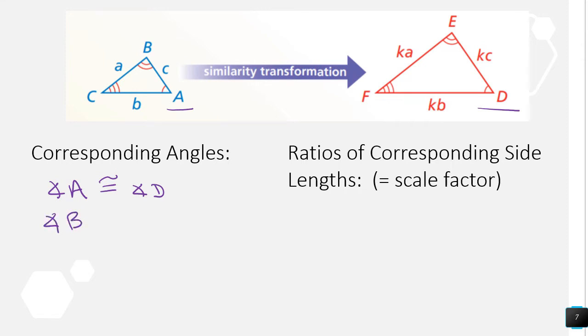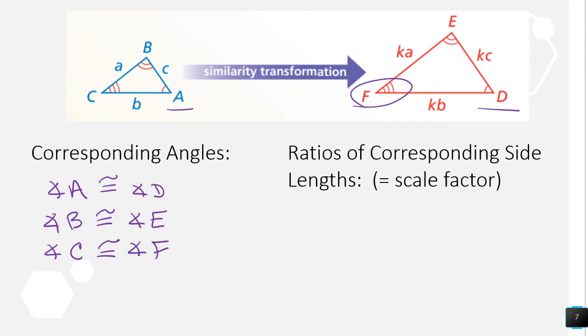You do not need to be writing this down, just watch and listen. Angle B is going to be congruent to angle E, and then angle C has 3 hashes, and over here angle F has 3 hashes. So those are all congruent angles, which is a sign that figures are similar.